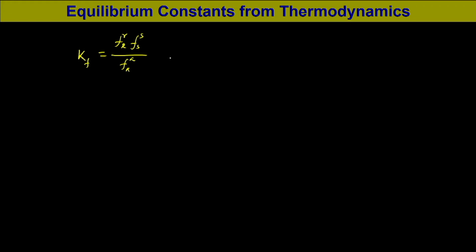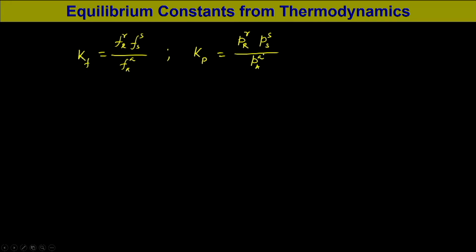We can write in terms of pressure. So, Kp would be equal to P r to the power r, P s to the power s, divided by P a to the power a.